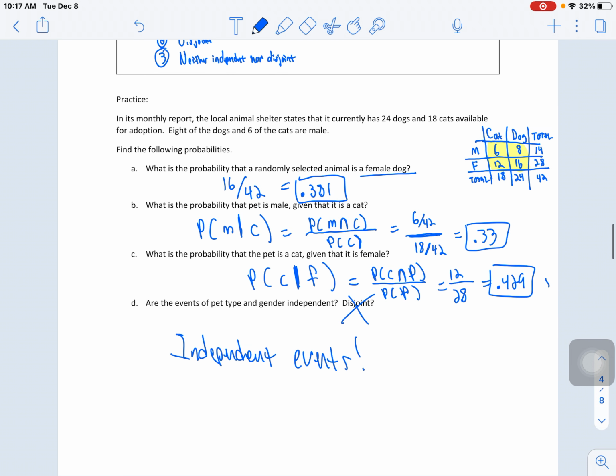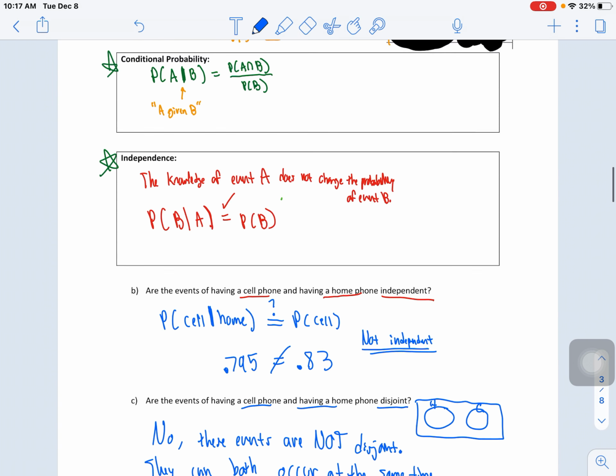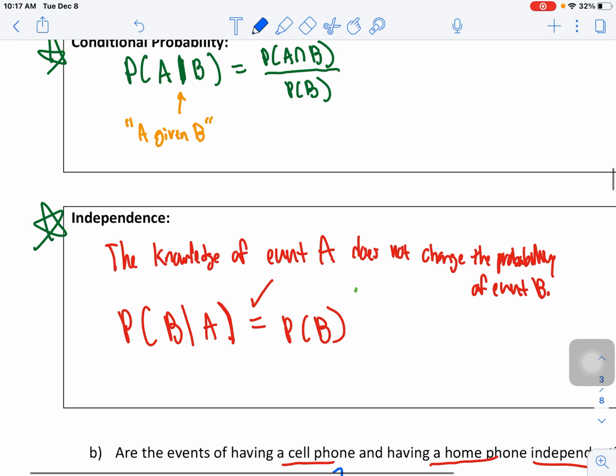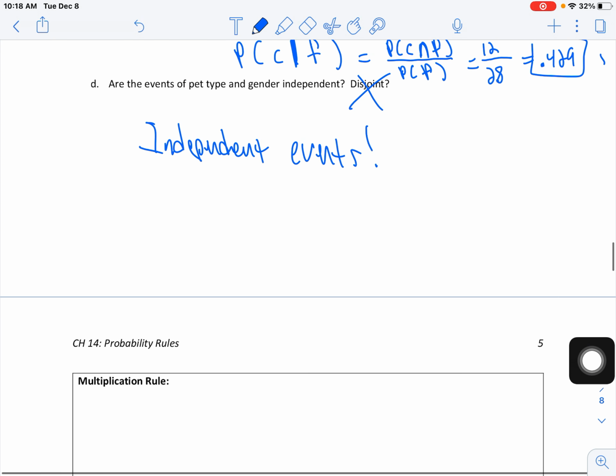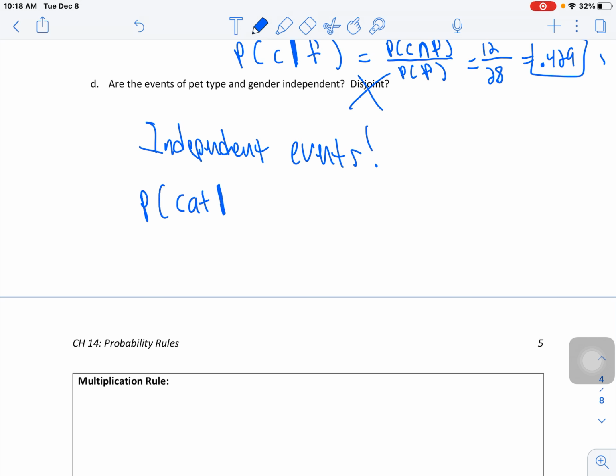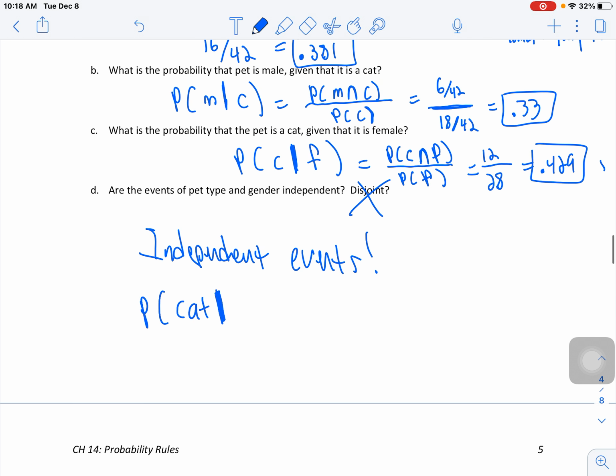All right, and we're going to check that using this independence rule. The probability of B given A should be the probability of B. So I'm just going to pick one here. Let's say the probability of being a cat given that you're female should be the same as just the probability of a cat.